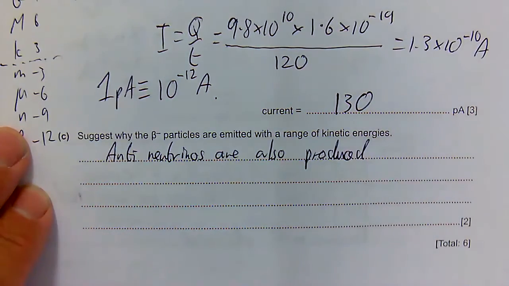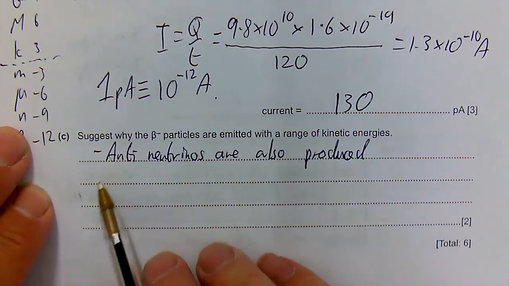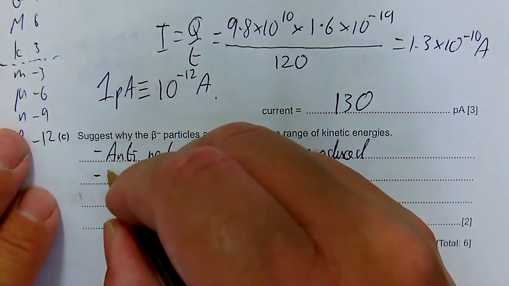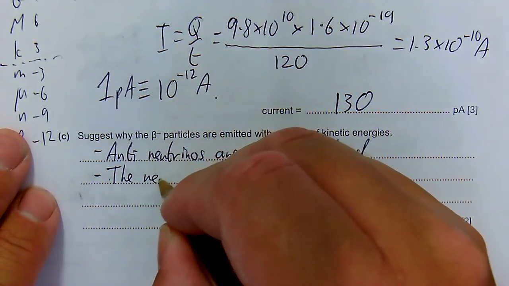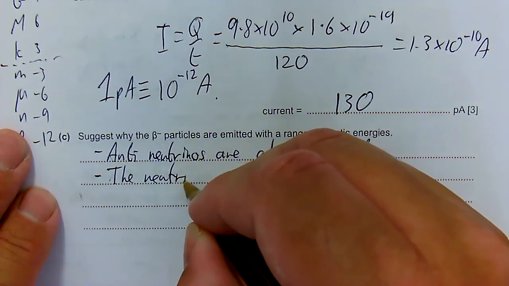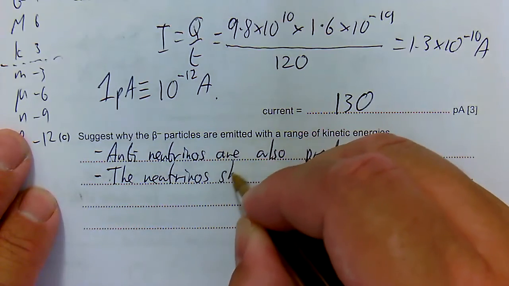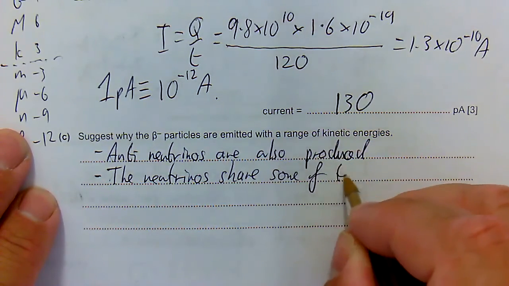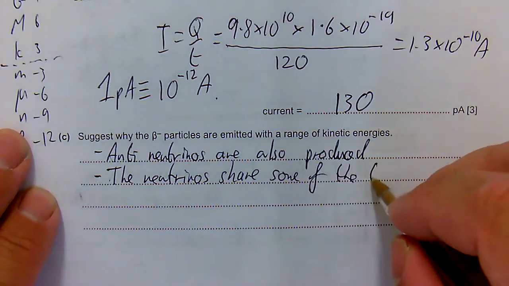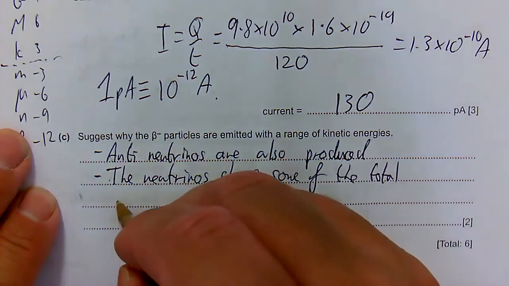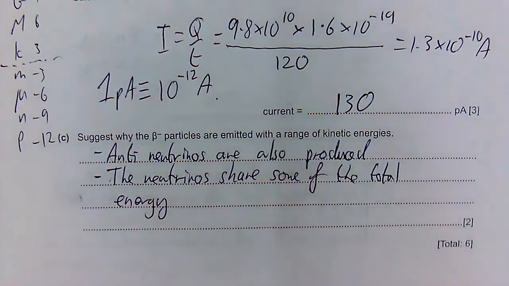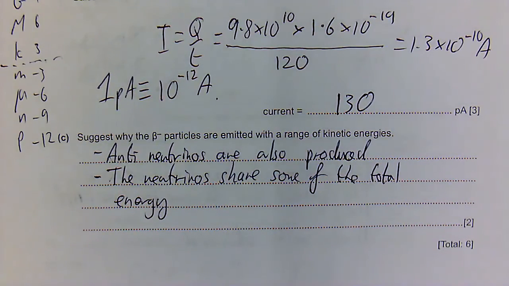And that's the stupid simple bit that a lot of people miss out when answering this question, simply because they jump straight to the more complex part of the answer, which is the idea that the antineutrinos share some of the total energy transferred. Or just say they share some of the energy, that's fine. And they also share some of the momentum, of course.